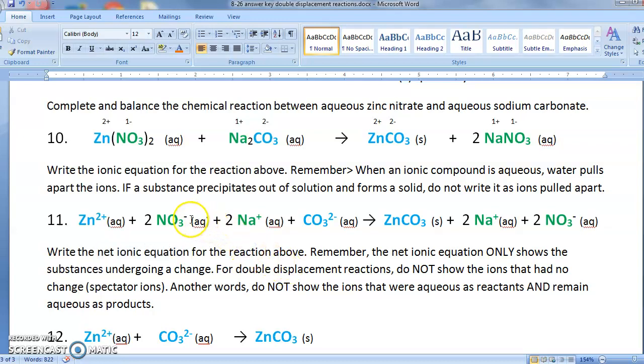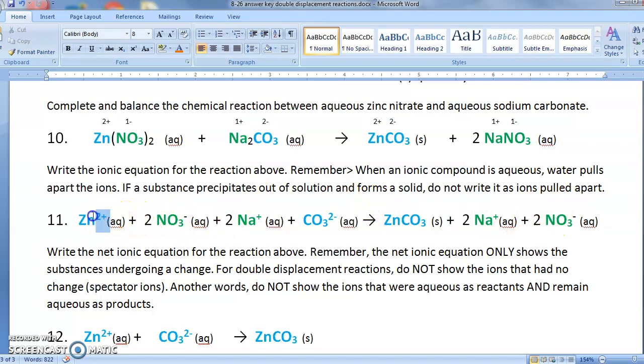When we look at this equation, then there's 2 nitrate ions on this side. There's 2 nitrate ions in solution on that side. There's no change on those. We have 2 sodium ions on this side. We have 2 sodium ions on that side. Nothing changed. So on those, we would cross these out. That is going to not be involved. No change there, no change there.